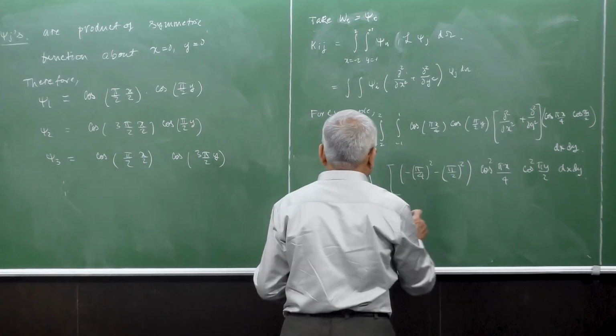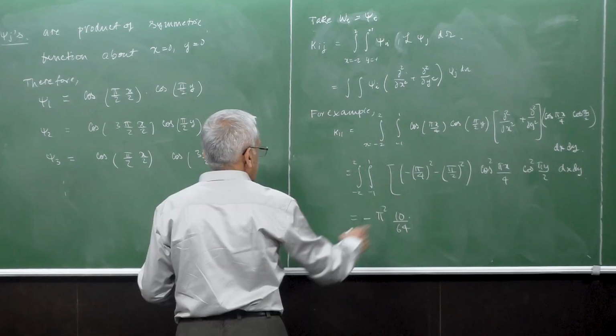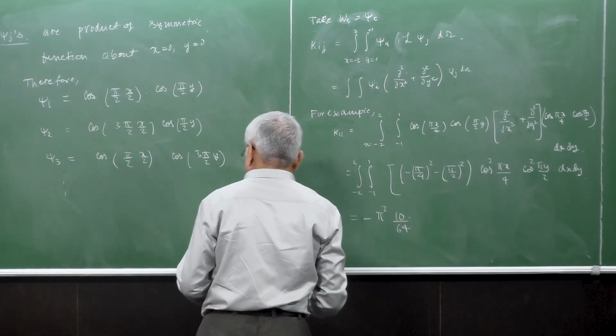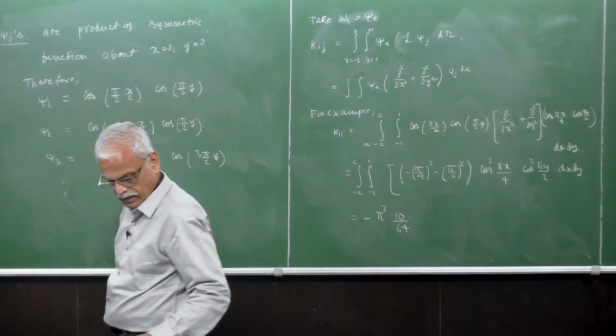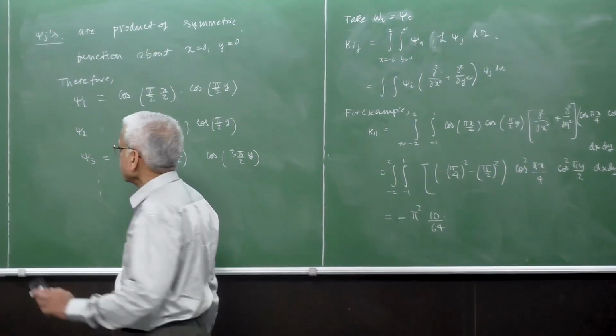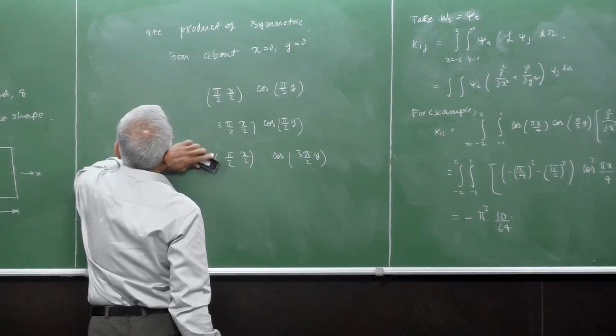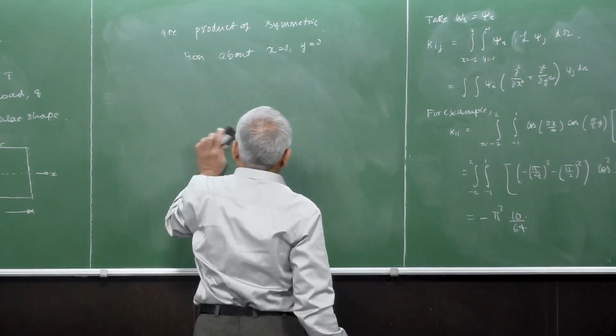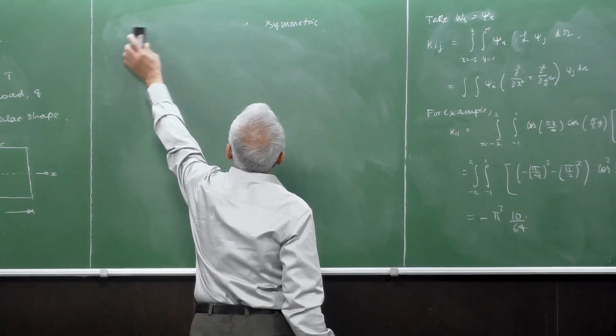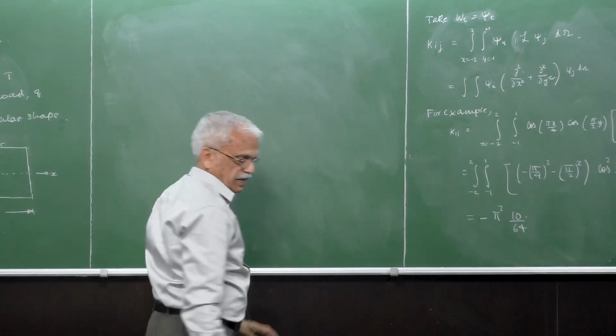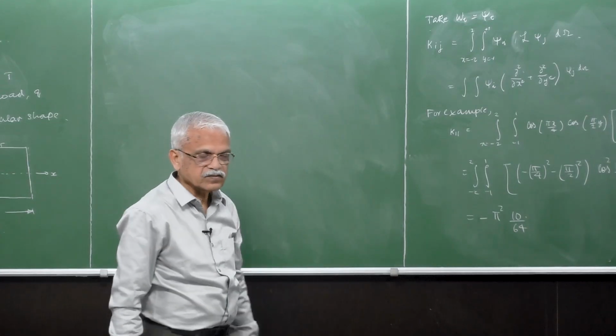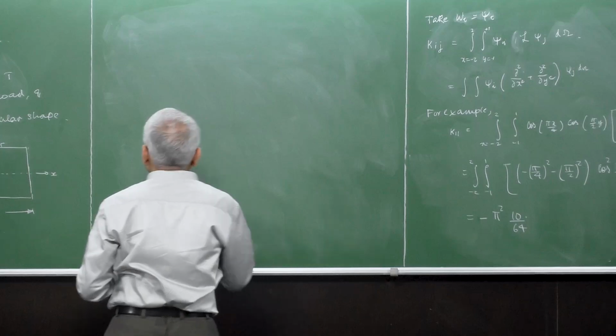I think there's a negative sign here, which comes here. So that's about the kij part. Similarly, we can calculate all the other terms, k12, k13.